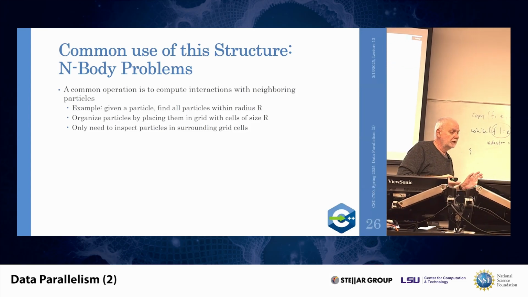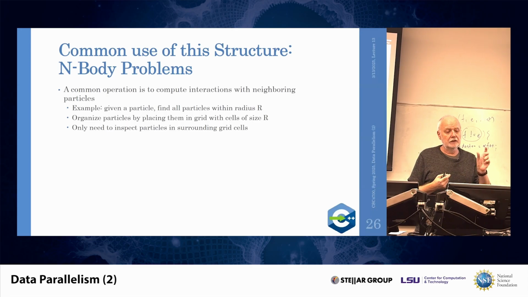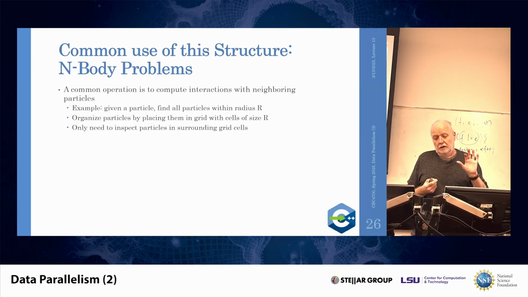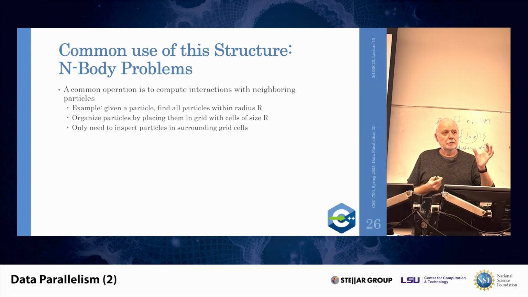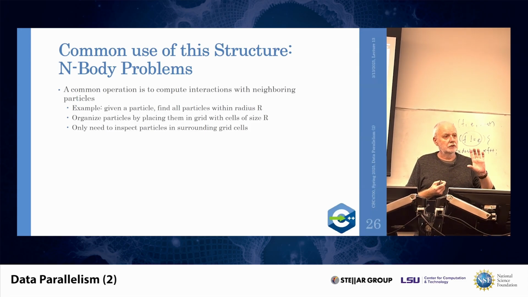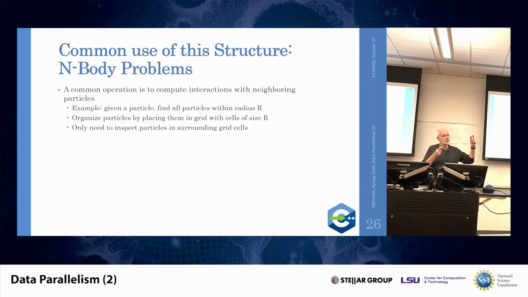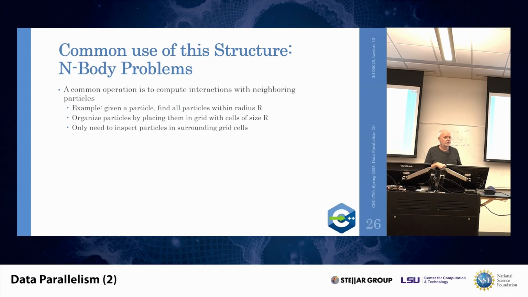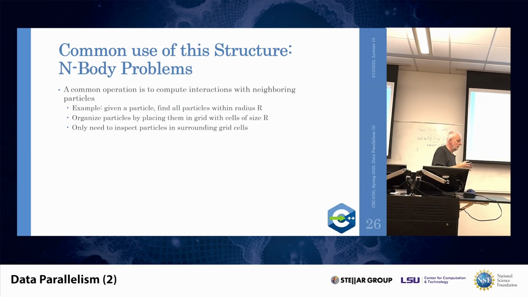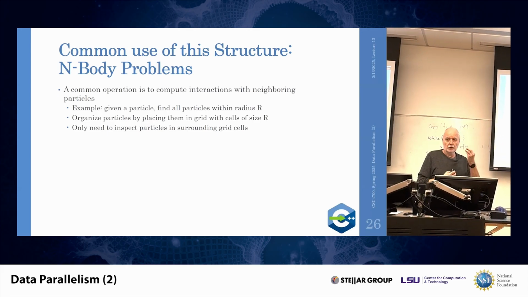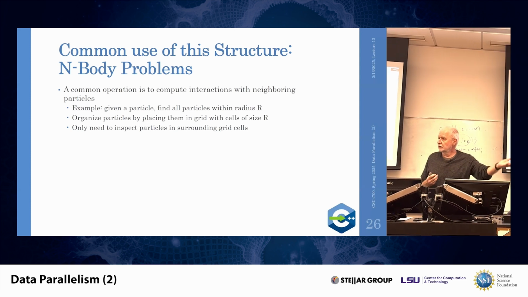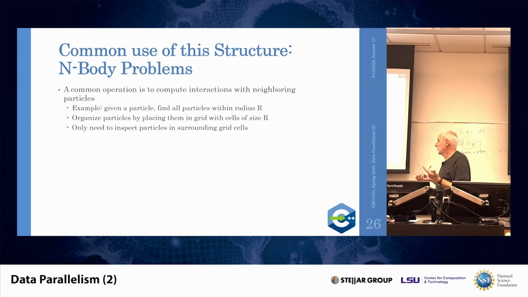Because each time step, in principle, requires us to look at the relationship between each of the pairs of particles, because we want to compute all the forces between each particle and any other particle, so that we know in what direction it will fly in a galaxy simulation.